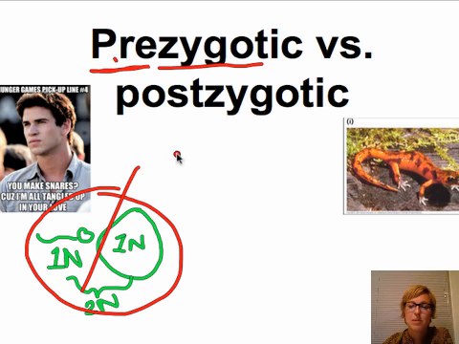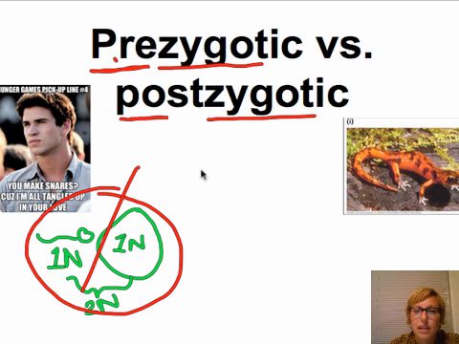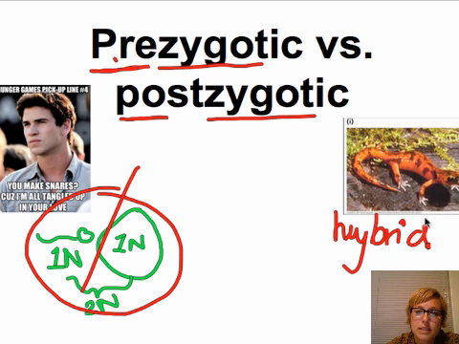Okay, so now a post-zygotic barrier is, well, the zygote formed. We have our first cell, fertilization occurred, but it develops into a hybrid that is either not fertile or weak or just generally not as strong as the parent species.